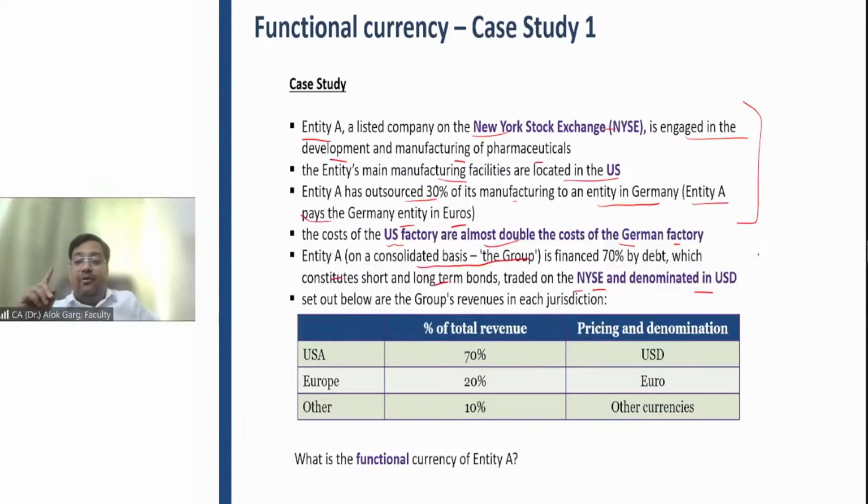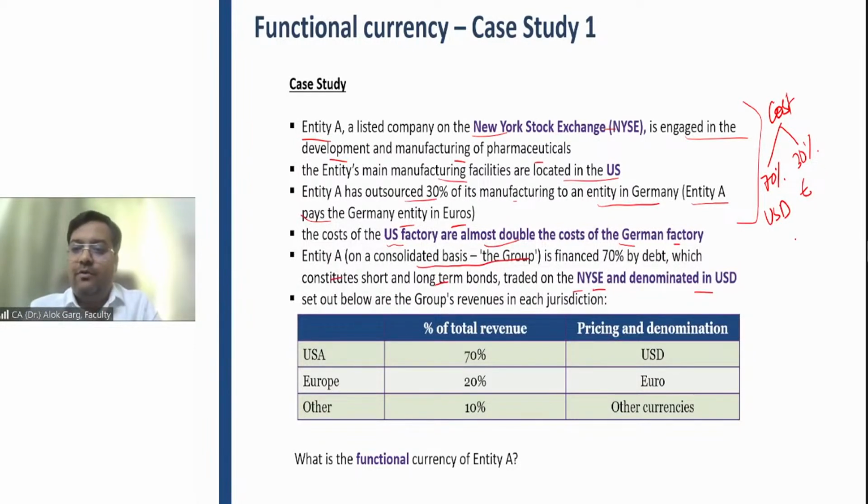Secondary indicator, you remember, is the currency in which the financing activities have been done. The primary indicator we have already understood: my cost, 70% is in US dollar, 30% is in euro.